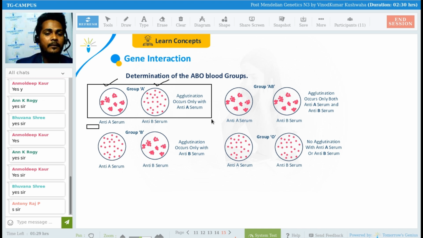The slide is slightly moved for 2 minutes, and you keep it for 2 minutes, and the presence or absence of agglutination, or clumping, is observed.